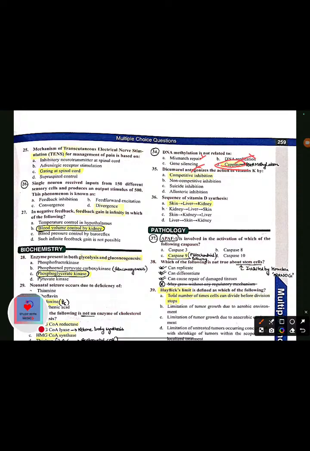Capping is related to RNA, because DNA will not have capping. Dicoumarol antagonizes the action of vitamin K by competitive inhibition. Sequence of vitamin D synthesis is first from skin, then liver and kidney.